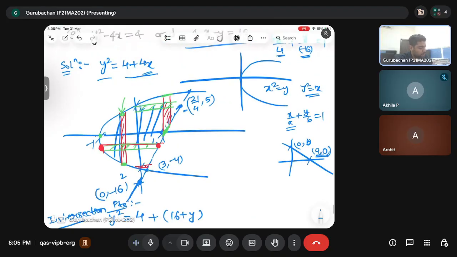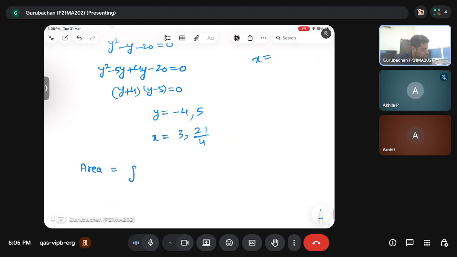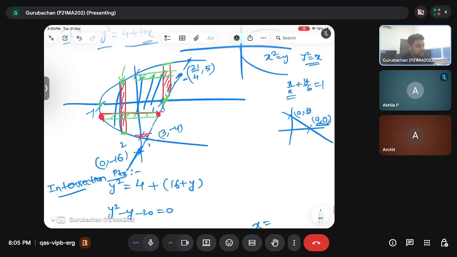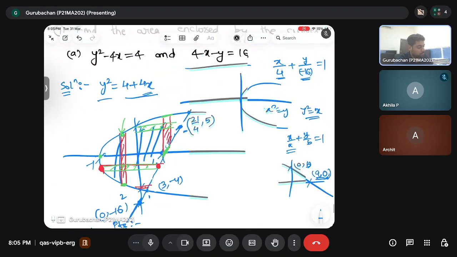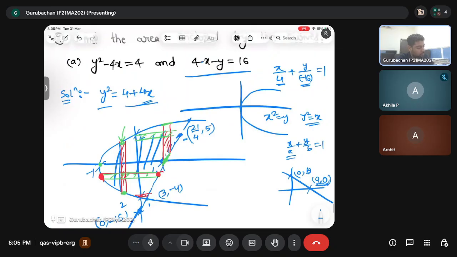So this is from minus 1 till 3. What is the upper curve? This is the positive side of this function. When you write y, it will be plus minus root of 4 plus 4x, right?